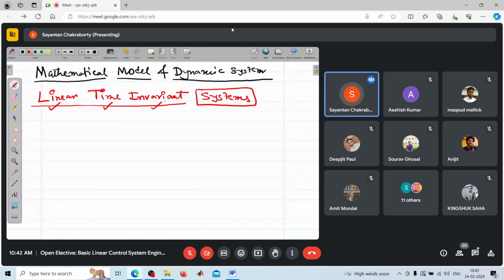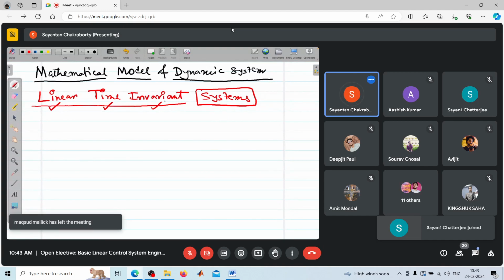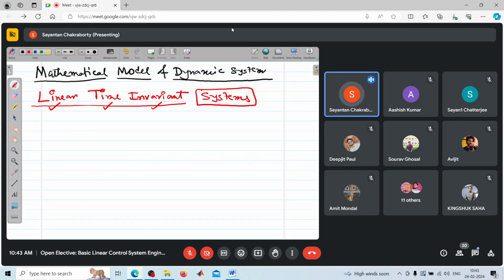Non-linearities will come into the picture, some time invariancy will be removed and time varying terms will come into the picture. So it will gain in complexity, but on the other hand, it will give you a more accurate prediction of the dynamic behavior of the system. If you continue this in an iterative manner, you might argue that at some time we'll reach an accurate model of the plant.